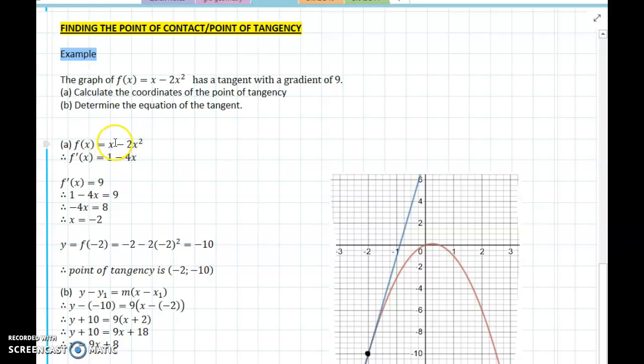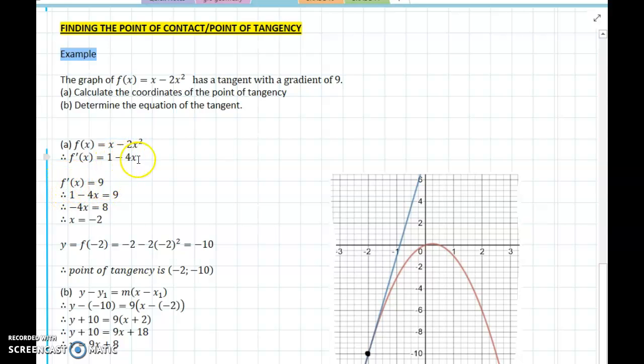The derivative of x, the exponent is 1, and subtract 1 from the exponent, so it's just 1. And the derivative of this is 2 times minus 2 is minus 4x, and 1 less exponent there. So that's the gradient of the curve anywhere. And they tell me the gradient of the tangent that I'm looking for is 9. So the gradient is equal to 9.